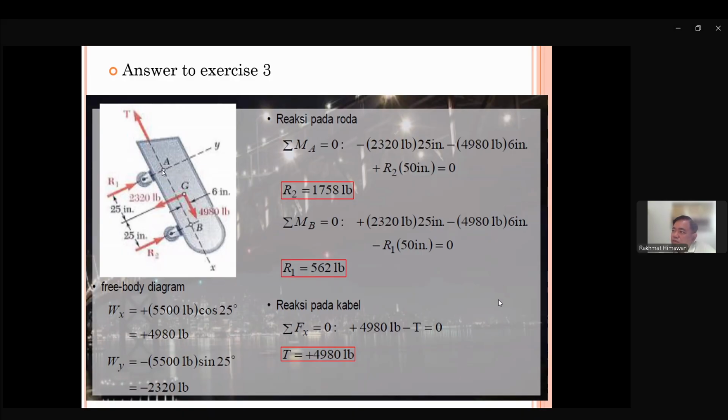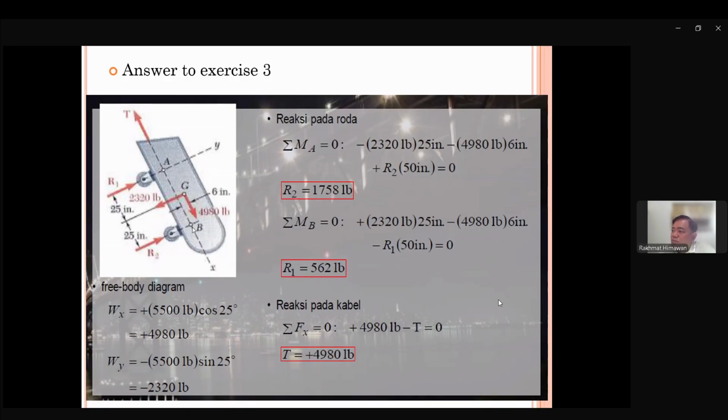If we start at point A, we don't need to find R1 since its line of action goes through point A, and we don't need to find T because it's going through point A. It has no distance, so it has no moment. So point A is the point that has the most unknown reaction forces, while point B only has one.